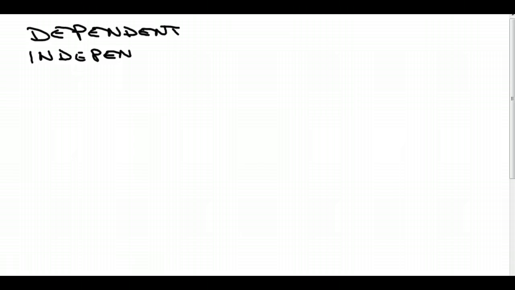So, dependent variable. You guys heard of these before? Okay, for all intents and purposes, we're going to call our x and our y values those names.